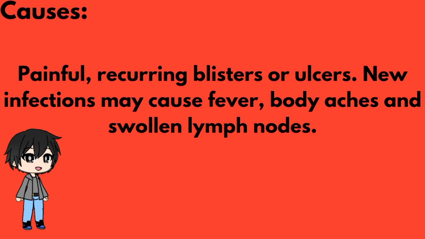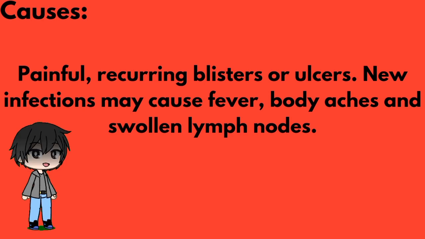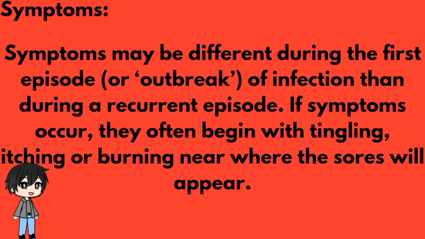The symptoms of HSV are the following: painful, recurring blisters or ulcers, as mentioned. A new infection may cause fever, body aches, and swollen lymph nodes. Yeesh. The symptoms may be different during the first episode, also known as the outbreak of the infection, than during the recurrent episode.